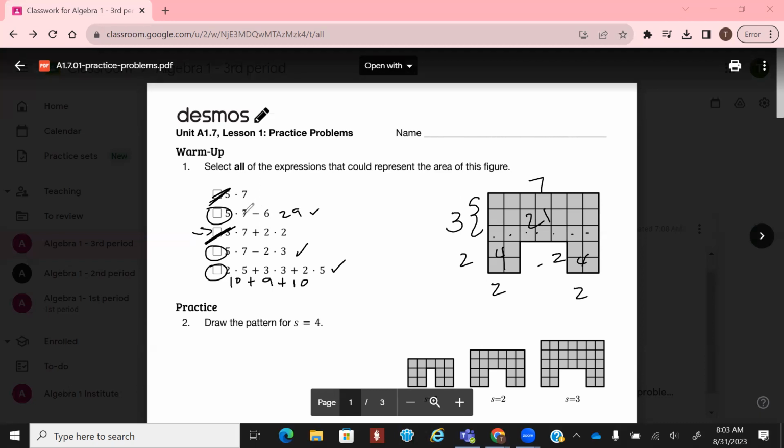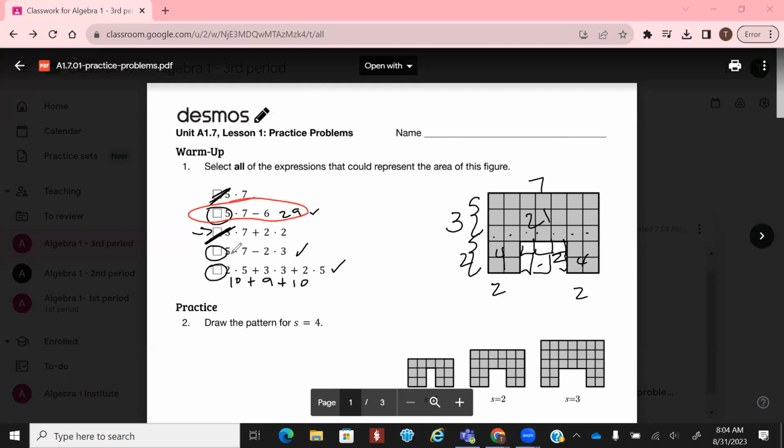Because this is 5 rows long? And then why did they subtract 6? Because of that missing piece, right? This guy's right. I should probably mark this correctly. There we go. So this guy is right.